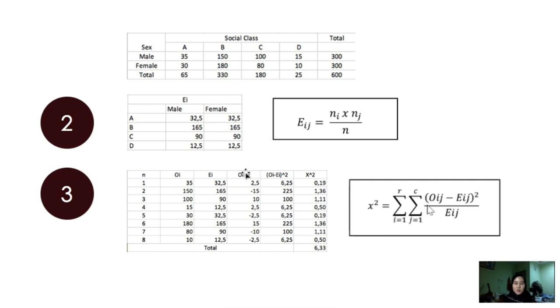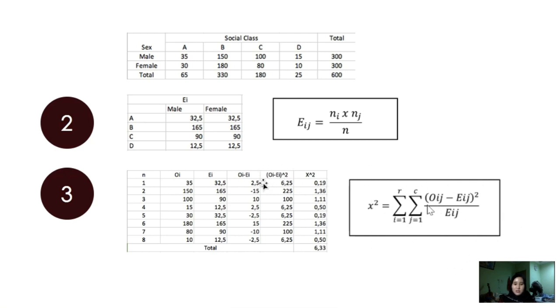Kemudian kita menghitung ini dikurang ini. Jadi untuk mencari ini dikurangi oleh ini, kita dapatkan totalnya seperti ini. And then this is squared like this, and then to find the x squared, it is defined by this formula.